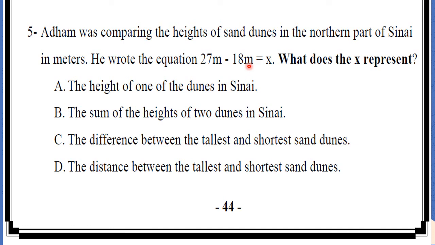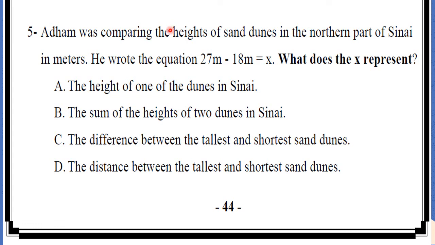If we subtract them, it will give me x. So we need to know what x represents. The height of one of the dunes in Sinai? No. The sum of the heights of the two dunes in Sinai? No, because we have minus here, not plus. And now, the difference between the tallest and the shortest sand dunes, or the distance between the tallest and the shortest.